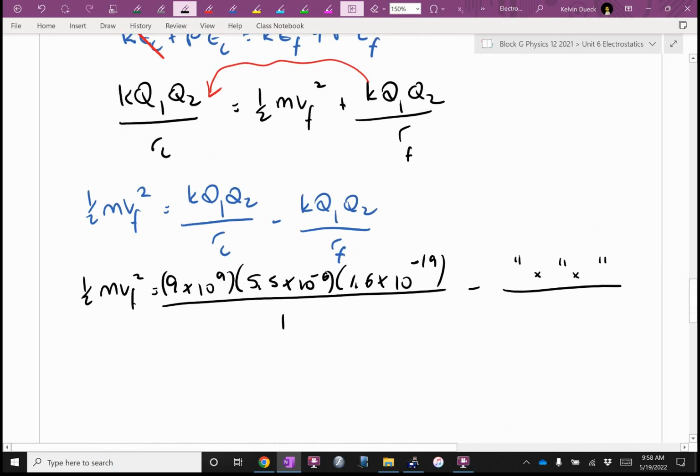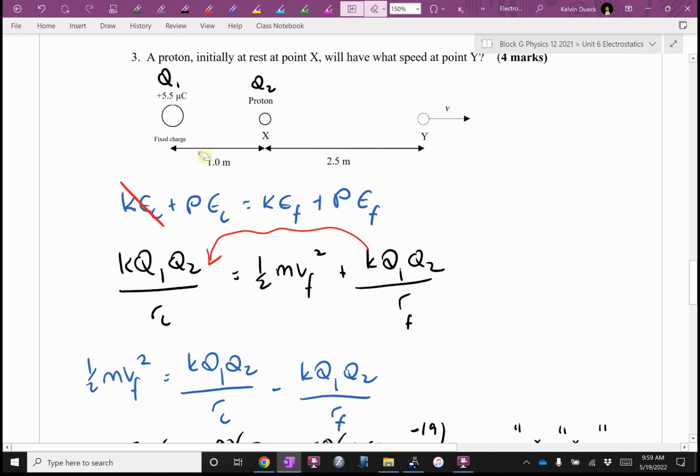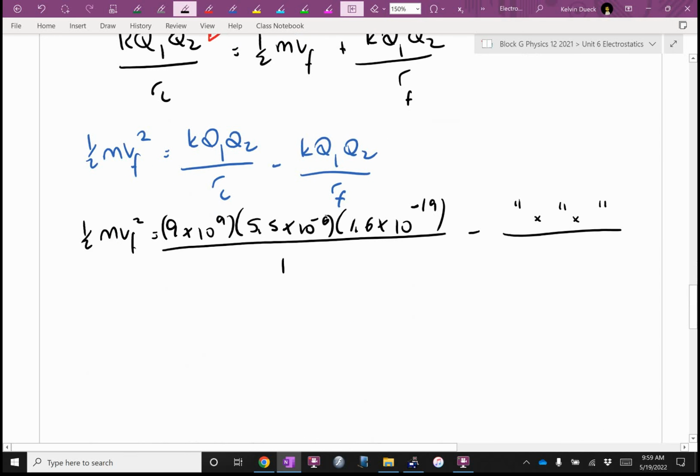What's R final? It's not 2.5. 3.5. Common mistake kids make is they just go, that's R final. No. From the fixed charge, 3.5.